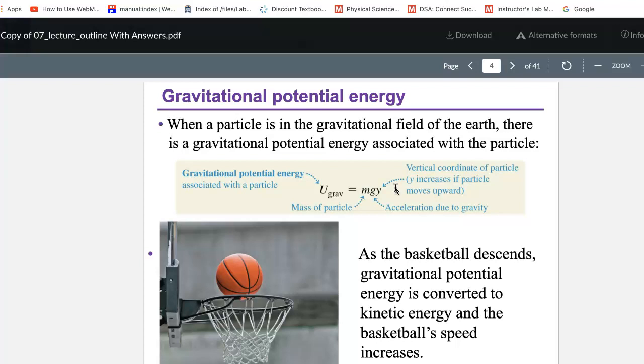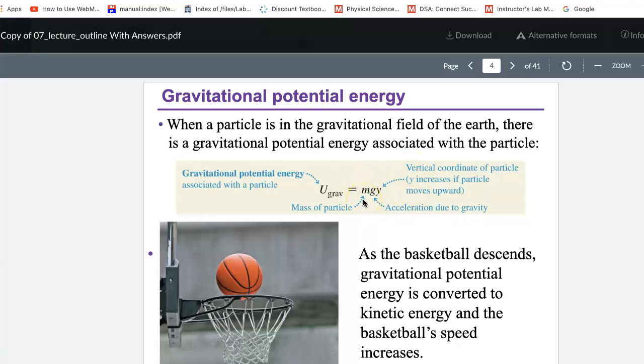Now, the gravitational potential energy, I will call it UG, equals m times g times y. Remember, gravitational potential energy is a scalar. No signs here, unless we are going to use our reference for the gravitational potential energy below the zero.